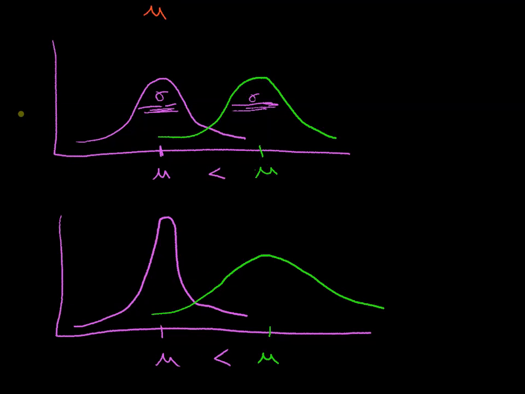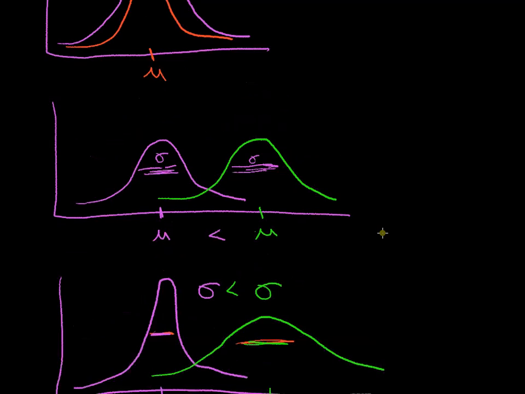Now, do these curves have the same spread? Do they have the same variance? Again, no. The variance of the first curve appears to be very small compared to the variance of the green curve. So the variance of the purple curve is smaller than the variance of the green curve.